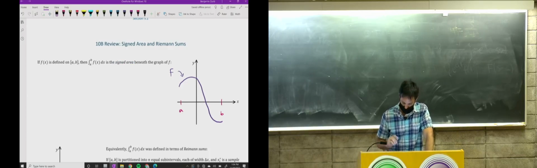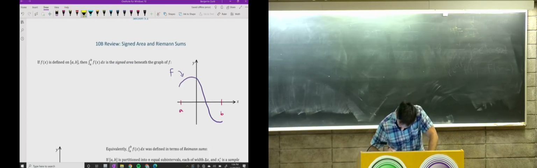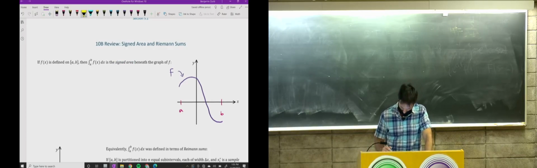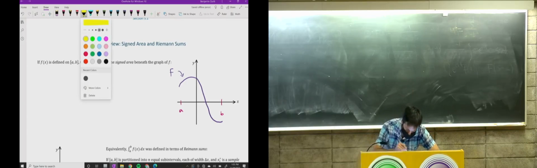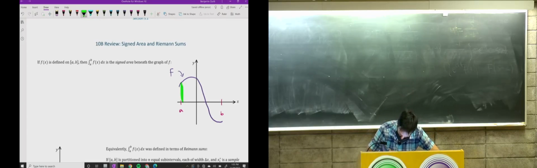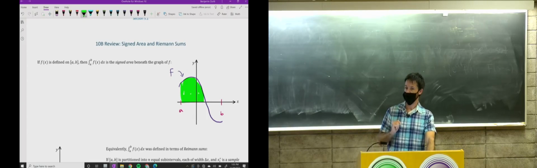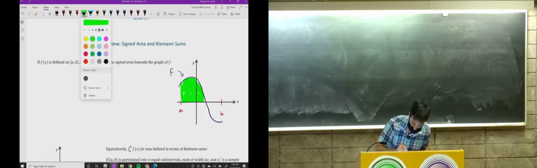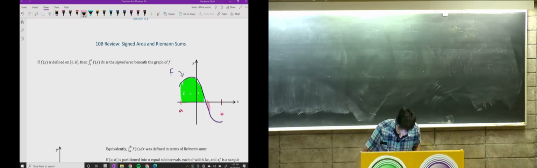So the signed area is the area that's beneath the curve but above the x-axis. That is, this area, minus the area that is above the curve but below the x-axis. That is this area.